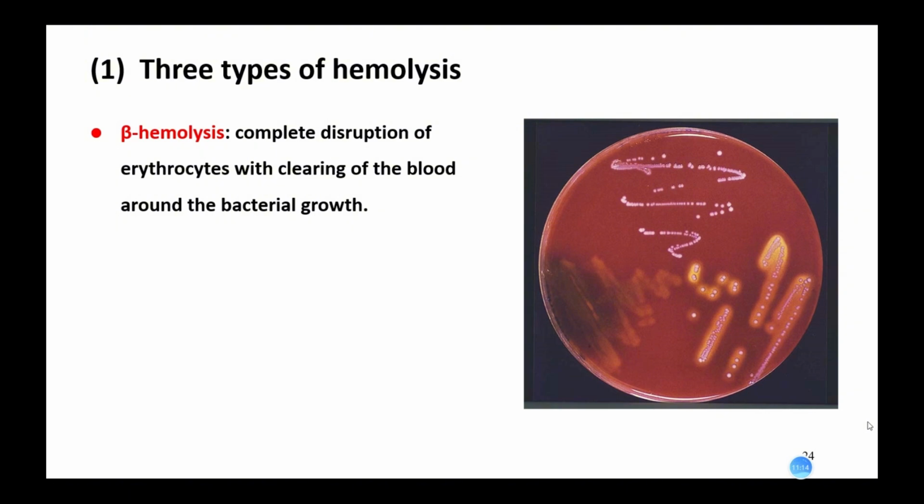Beta hemolysis is the complete disruption of the erythrocyte, the red blood cell, with clearing of the blood around the bacterial growth. So if the bacteria grow on the surface to form either colonies or bacterial lawn, and surrounding the bacterial growth, here you can see there are no red blood cells.